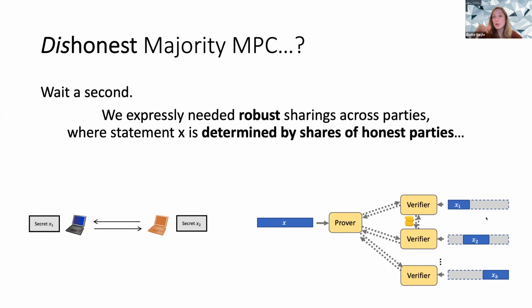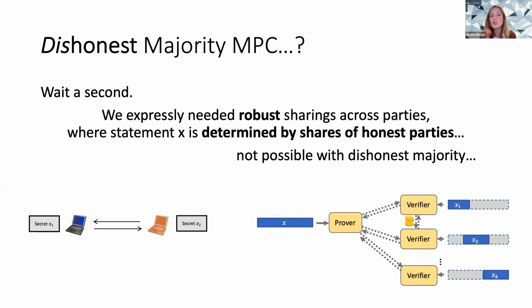We have some sort of secret sharing of these things, but robustness meant that X could be recovered just by the shares of honest parties. But if you have a dishonest majority, for example just two parties, this seems impossible. If I'm secret sharing something across two parties, I cannot require that just a single honest party can recover the statement.